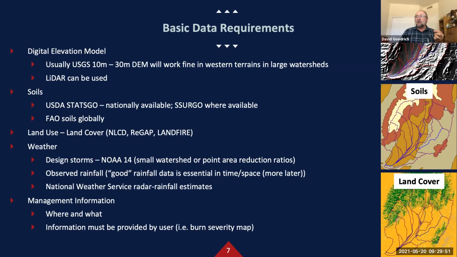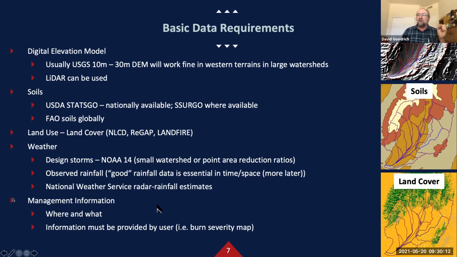And again, this is critically important. If you don't get the rainfall right, you can't expect a lot of your model predictions, because that's the main thing driving the model. As I say, we also ingested National Weather Service radar rainfall estimates.